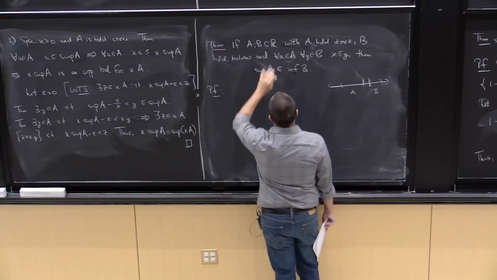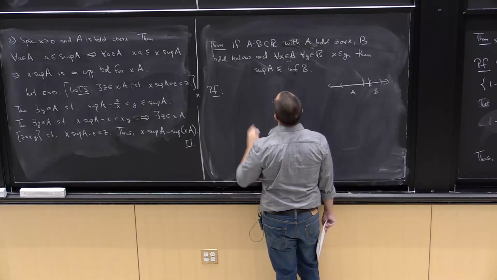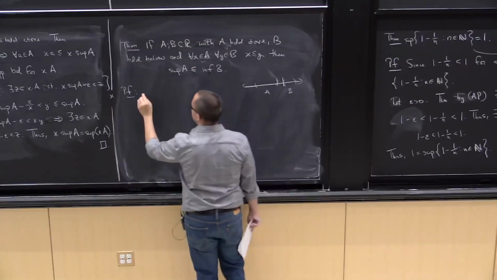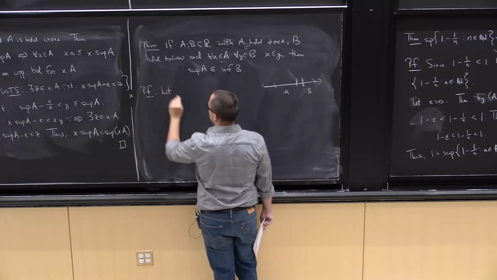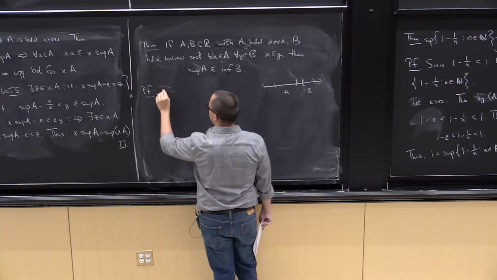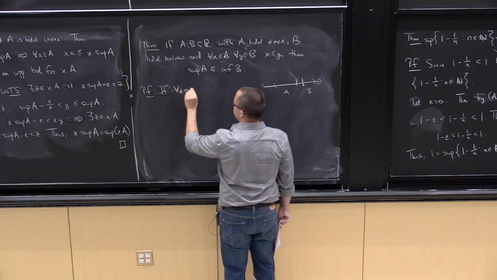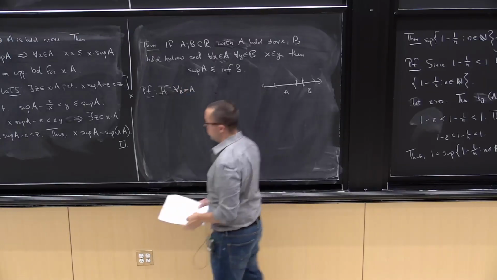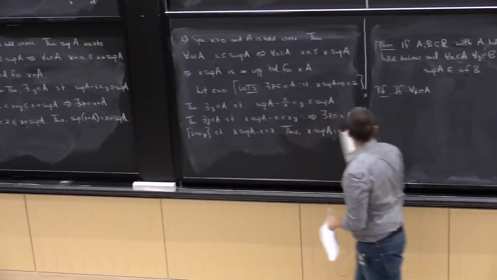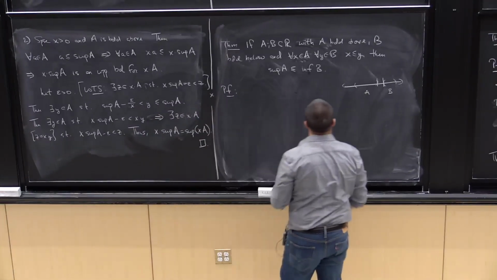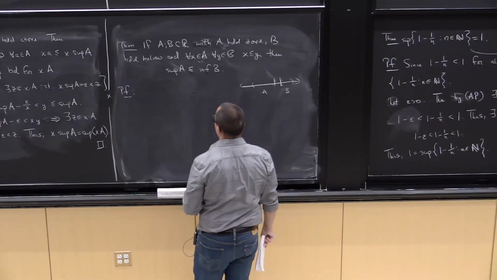So I'm not going to rewrite the hypotheses now because it'd take a little bit. But basically what we're going to do is we're going to take a sup and then an inf.